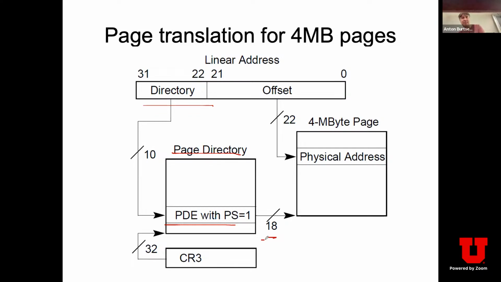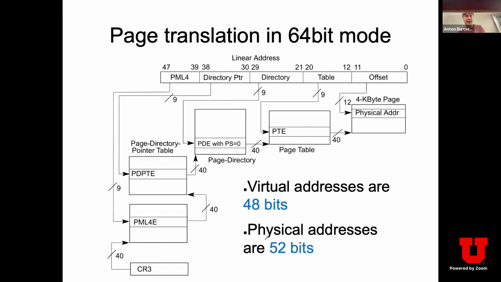representing 4 megabyte pages. One last thing which I wanted to discuss is translation in 64-bit mode. The idea is kind of similar, right? But your linear addresses are bigger. Up until maybe 7 or 10 years ago, Intel was limiting the address to 47 bits. Despite the fact that we say a CPU is 64-bit, the addresses were limited to 47 bits.